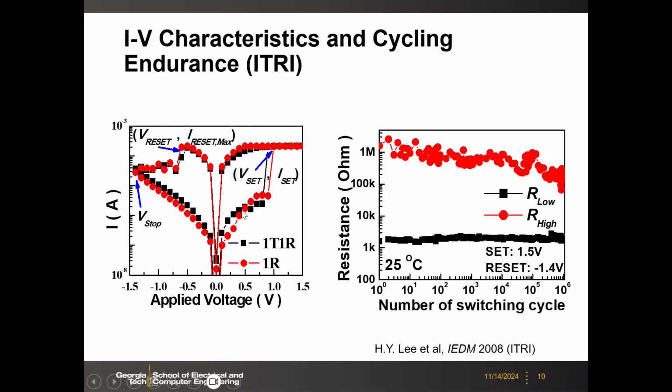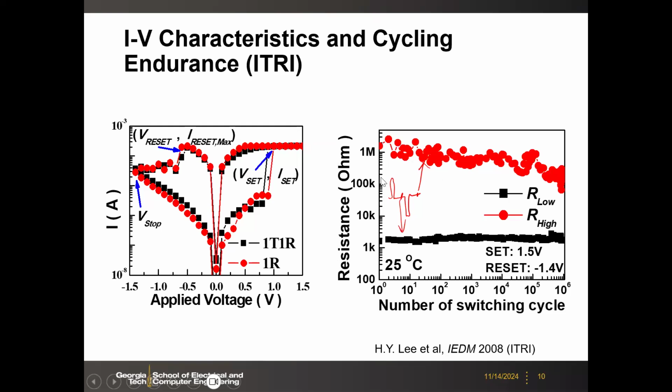And then here you can keep cycling this. So here this is endurance data, cycling endurance. You apply positive and negative pulses, let's say positive 1.5 volt, negative 1.4 volts. And then you measure the resistance after the positive pulse and negative pulse, right? Then you will get the resistance as a function of the cycling endurance.